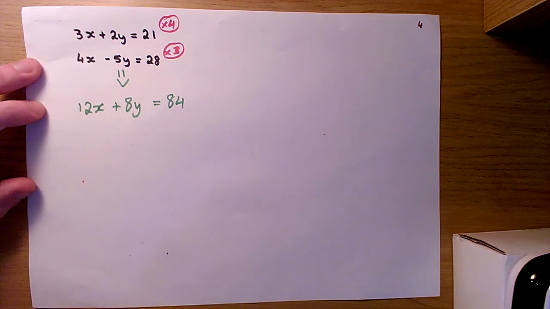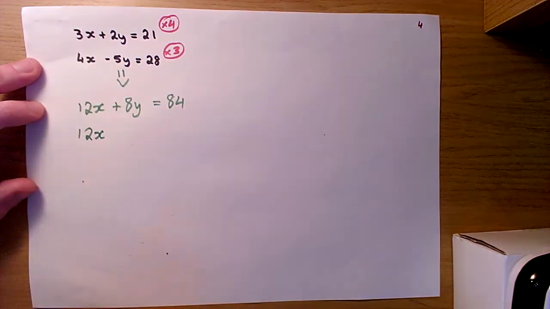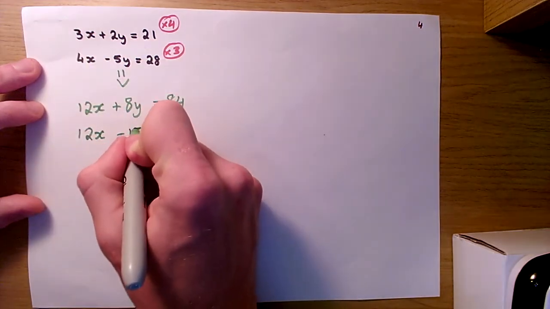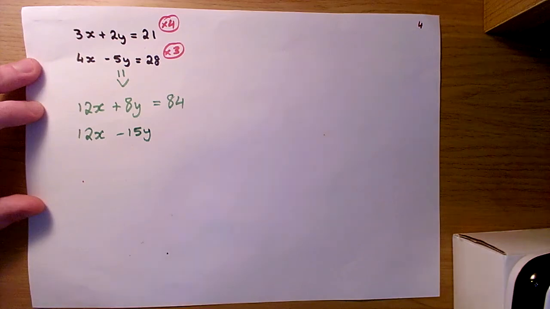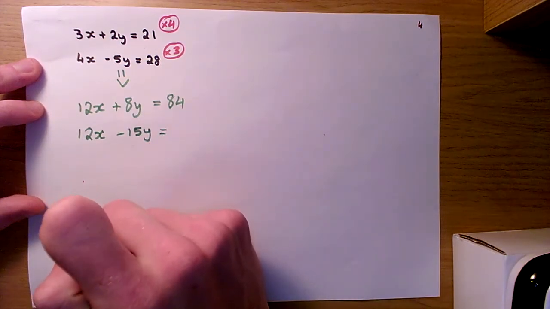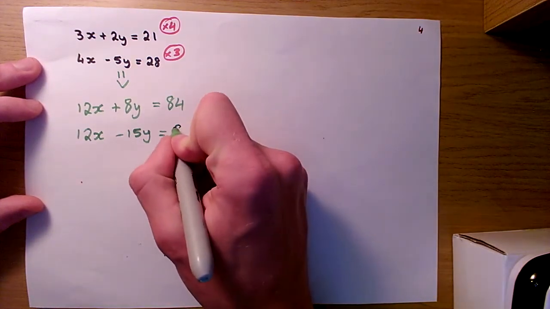Okay? And now we come down to my next line. Well, I have 3 times 4x, which gives me 12x. 3 times minus 5y gives me minus 15y. Okay? And then we have 3 times 28, which will give me 84.